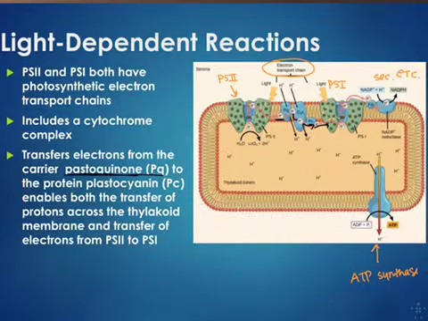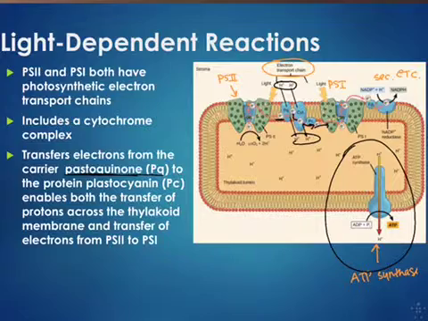Okay? So also an important thing to notice is part of the electron transport chain is the movement of hydrogen ions, because we're also creating a hydrogen ion gradient, which then we know in turn powers this process down here. Okay?